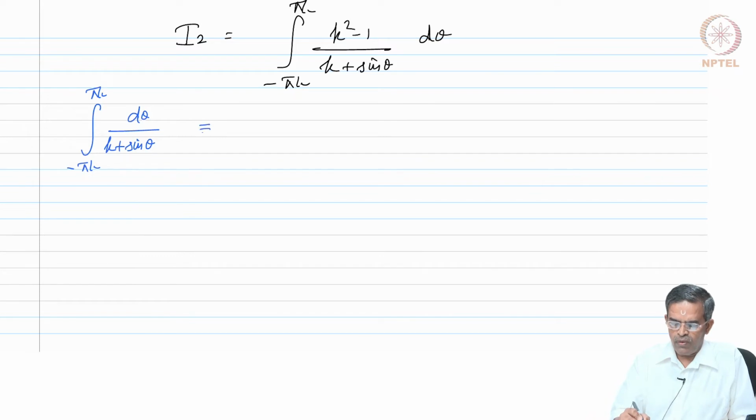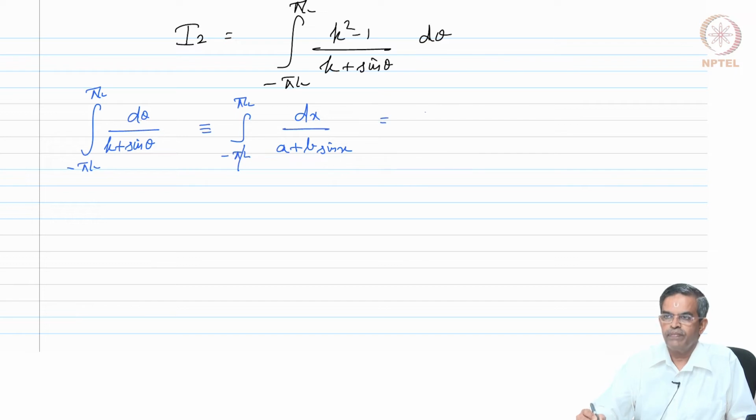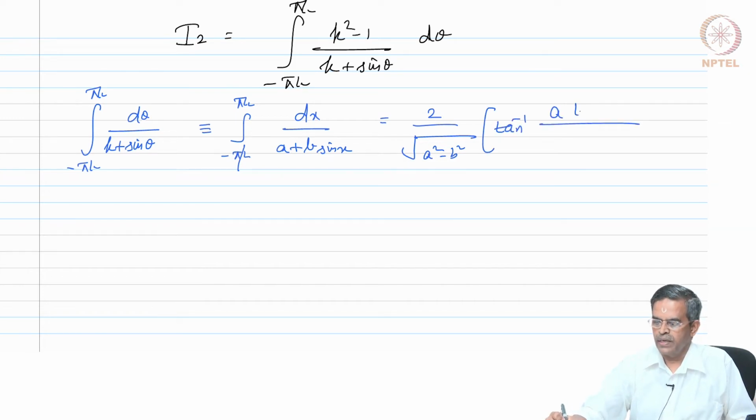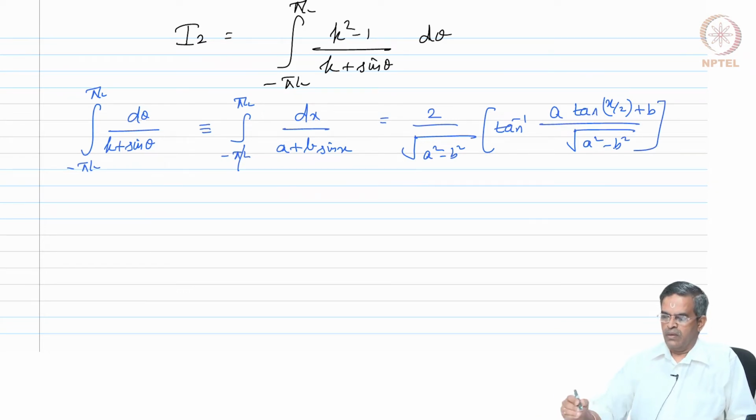This is of the form integral from minus pi by 2 to plus pi by 2 of dx by a plus b sin x, which is given by 2 by root of a square minus b square tan inverse of a tan x by 2 plus b by root of a square minus b square, with limits minus pi by 2 to plus pi by 2.